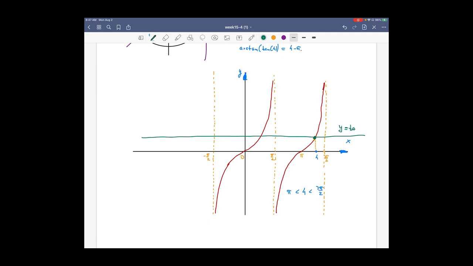And the unique point at which this horizontal line intersects with the graph of tangent in between negative pi over 2 and pi over 2 is this point. Again, the line y equals tangent 4 intersects with the graph of tangent infinitely many times, but only one such point of intersection falls into the region between negative pi over 2 and pi over 2.